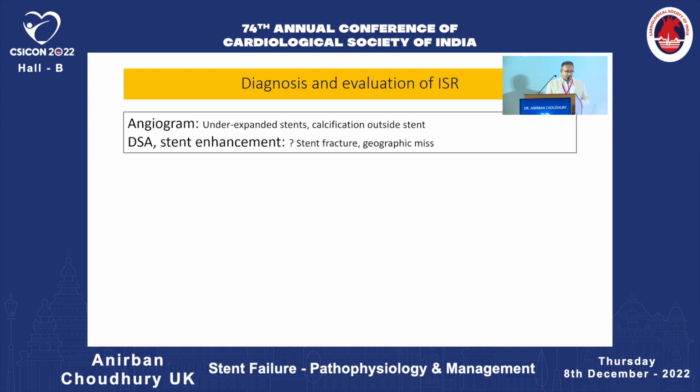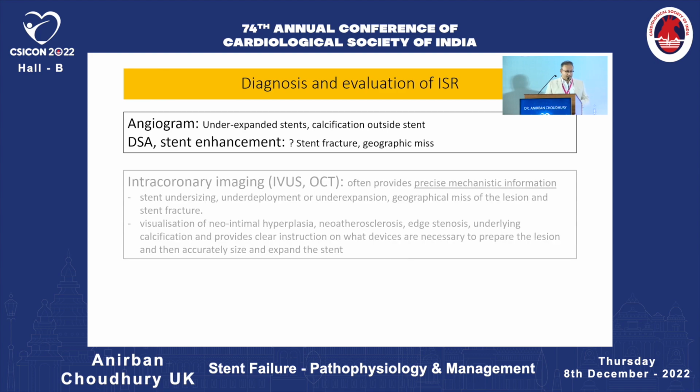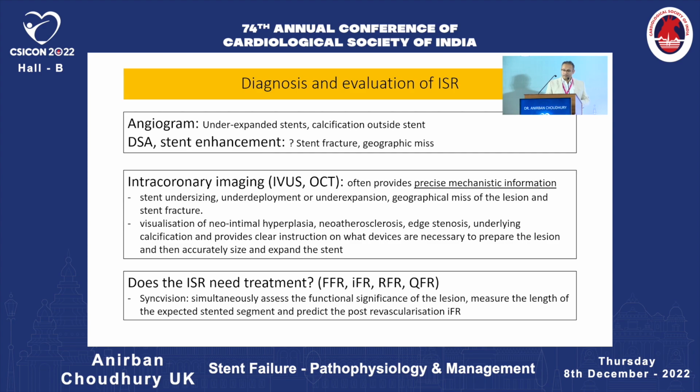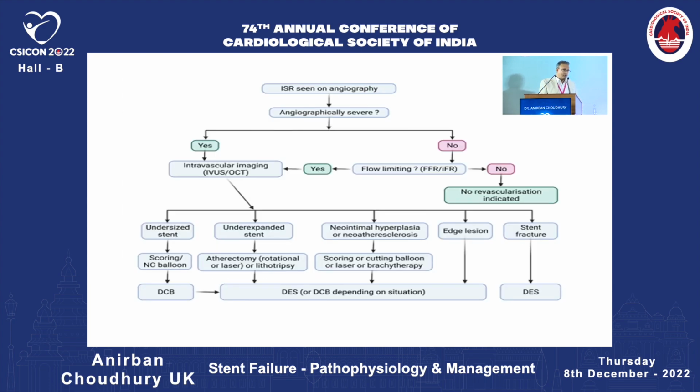So how can we diagnose? Well, we can have some clues, just pure angiogram and stent boost and stuff. But in general, it's highly recommended that we use ultrasound or OCT, intracoronary imaging, one form or the other, to work out exactly the precise mechanism of stent failure, and then decide how we go around and evaluate it. So if we put everything together, we come up with a complex algorithm potentially.